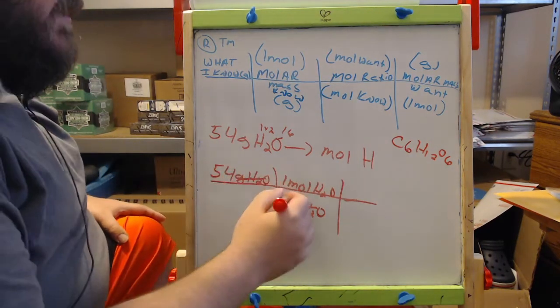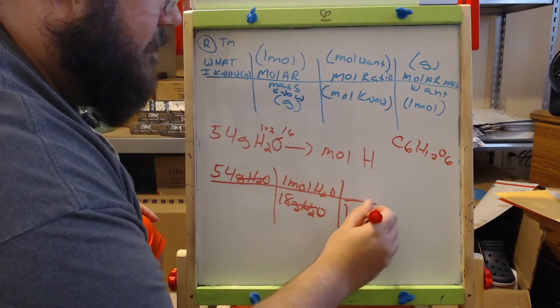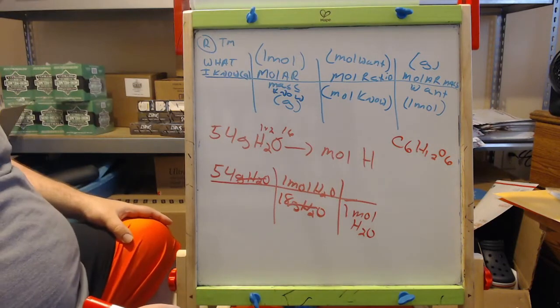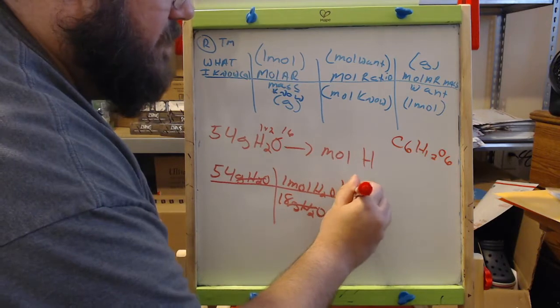So in our case here, we'd go right to here, and we would say mole ratio. For every 1 mole of water, there are 2 moles of hydrogen.